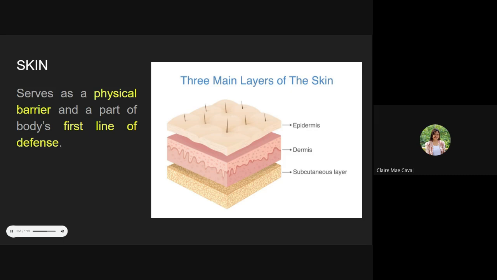This is where your sebaceous glands are found, as well as blood vessels and lymph. This is the only vascularized layer, your dermis. Next is the subcutaneous layer, also known as your hypodermis. This is where fats or adipose tissues are found. Again, the three main layers of your skin are the epidermis, the dermis, and your hypodermis.